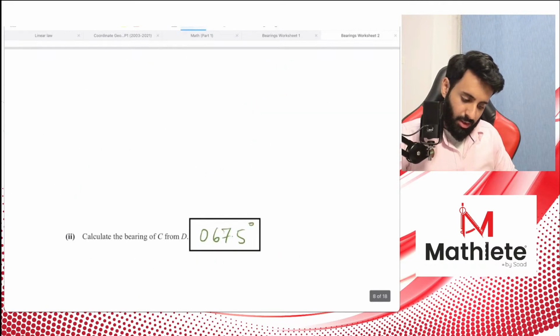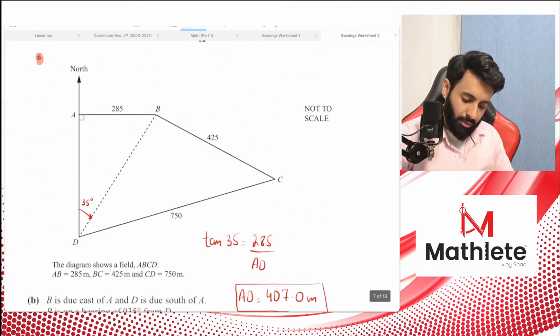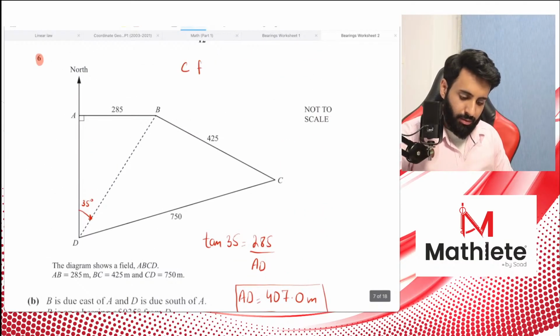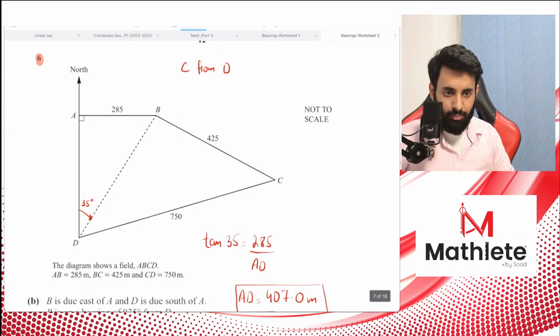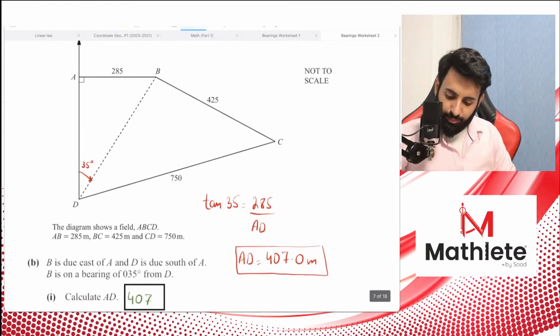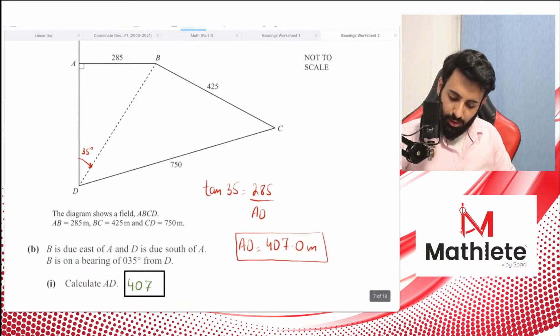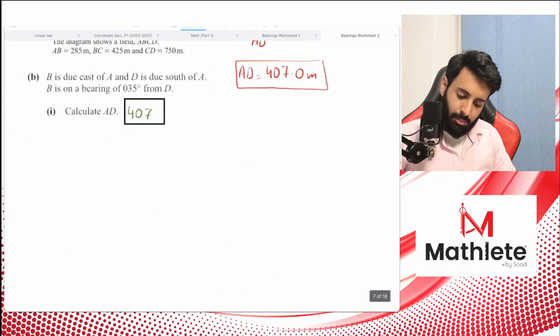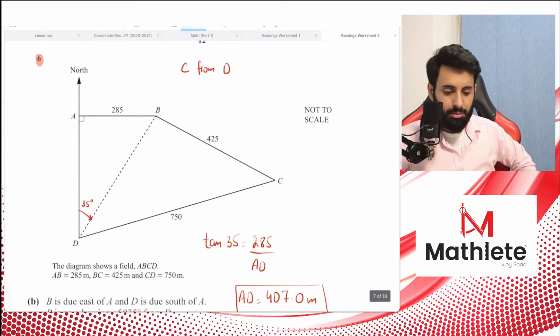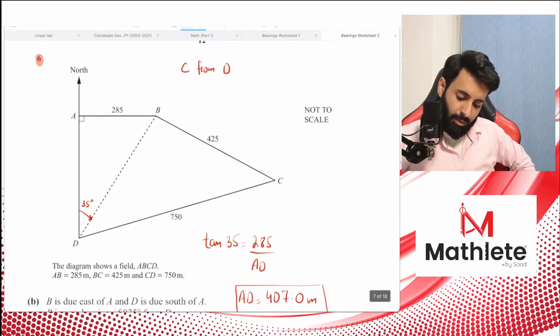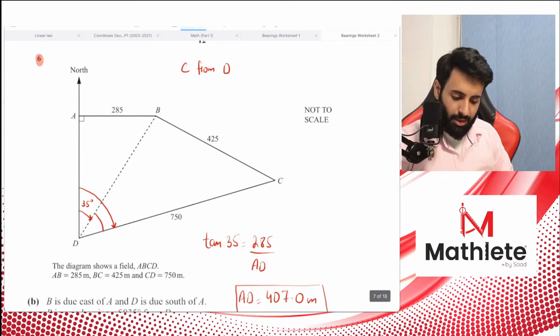Calculate the bearing of C from D. So I'll write that down over here, C from D. Okay, so we make a north at D, which we don't have to. It's already drawn. Okay. And the angle that we want is this angle. Okay. So if somehow, don't know how yet, but if somehow we're able to find out this angle, then all we got to do is add 35 to it.